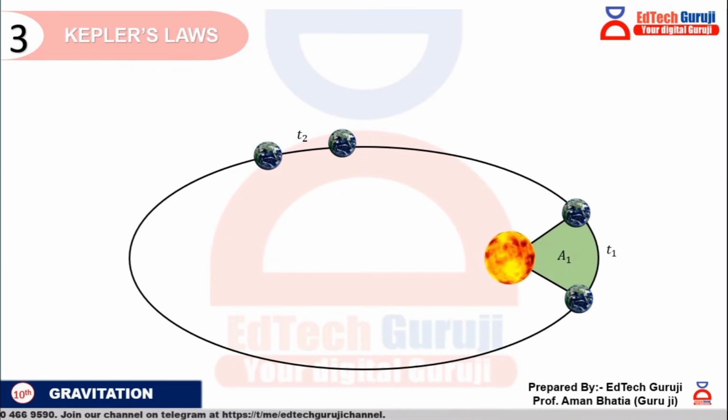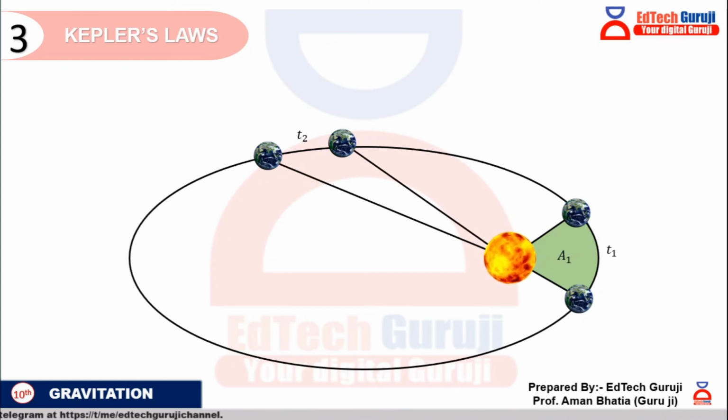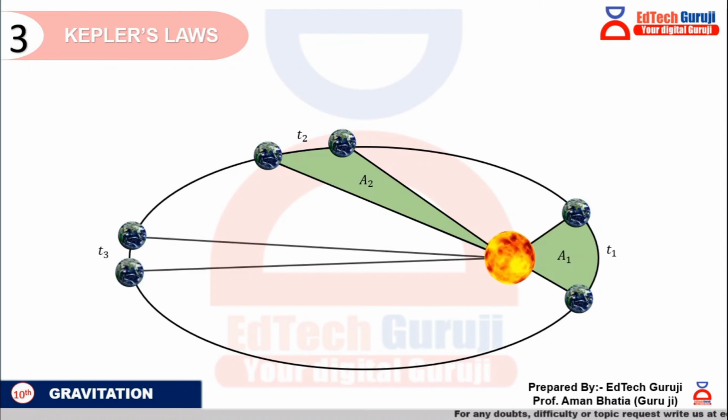So again I will join the two positions with the sun. Again we see that the line joining the planet and the sun has swept some area. We will call this area A2. Likewise, this is one of the positions, and after time t3 it comes here. We join it and we see this is the area which is swept. We call this area A3.